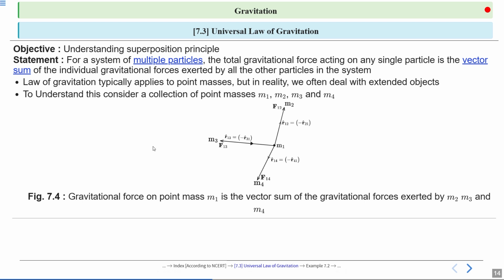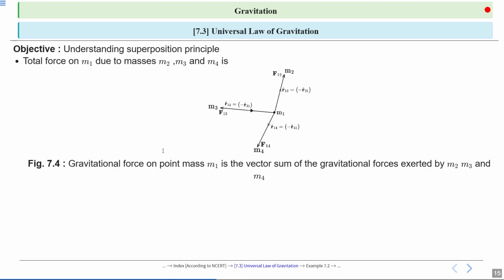So here the force due to first, force on mass second, similarly force on mass third and force on mass 4. So this is the illustration of the superposition principle.